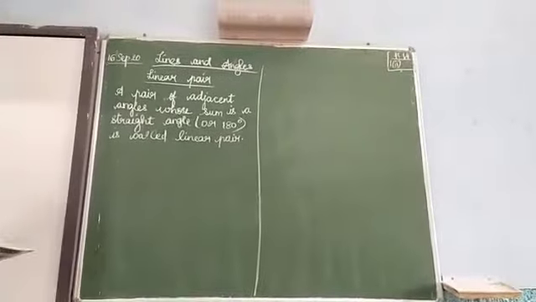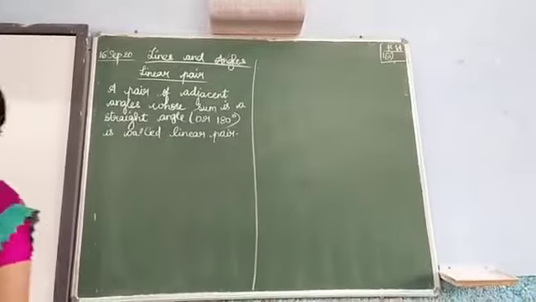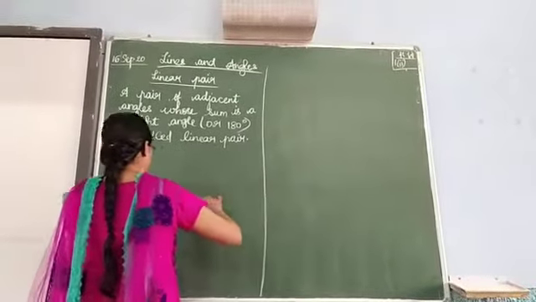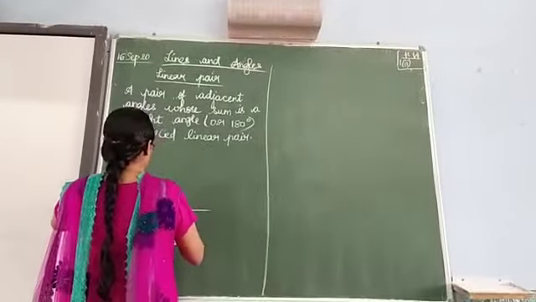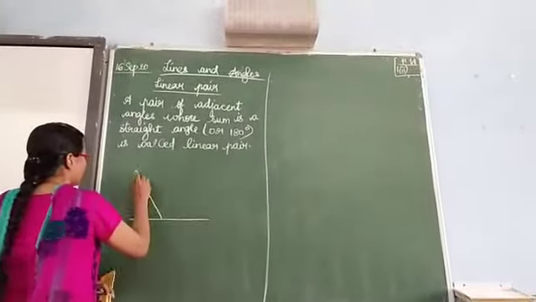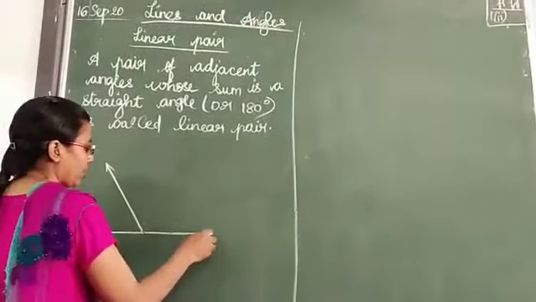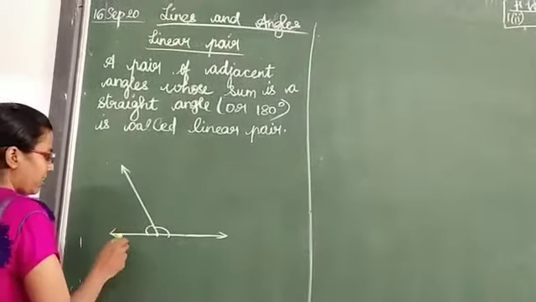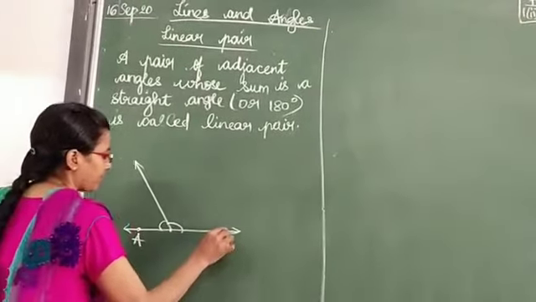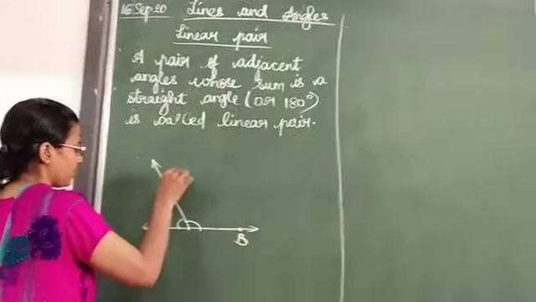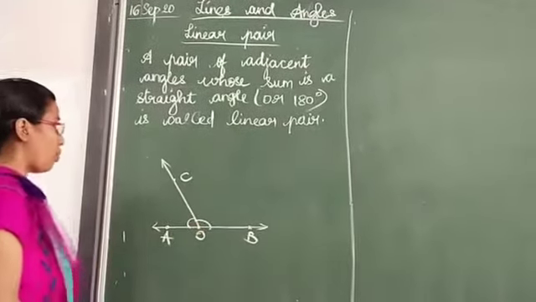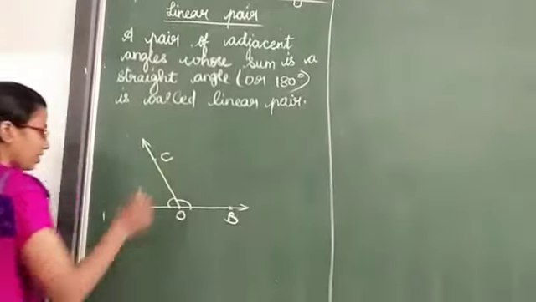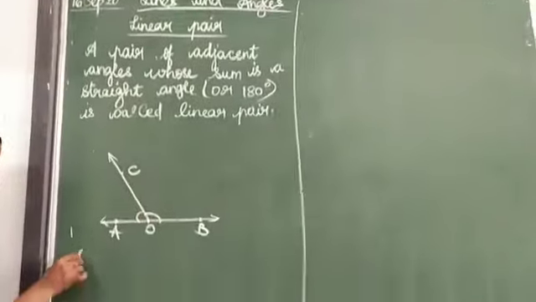Then let us draw an example so that you can understand in a better way. I am not taking the measurements, just like that I have drawn. This is one angle and this is another angle. This is A, B, C and the vertex is O. So here for the linear pair, we need to write the adjacent angles.